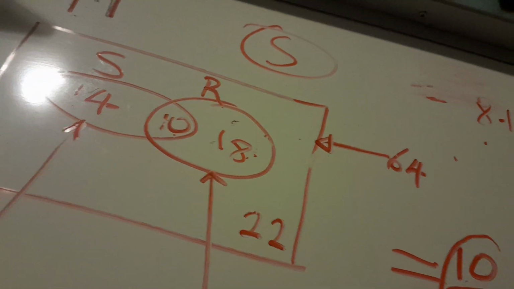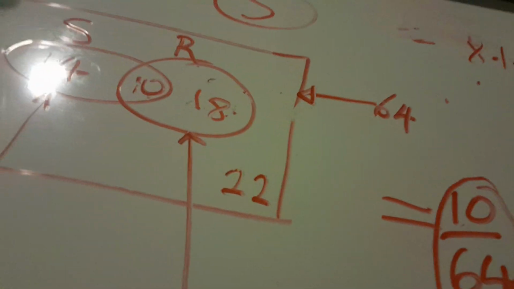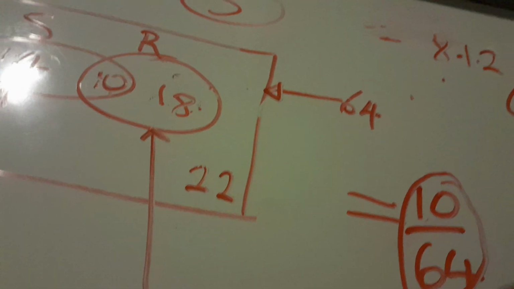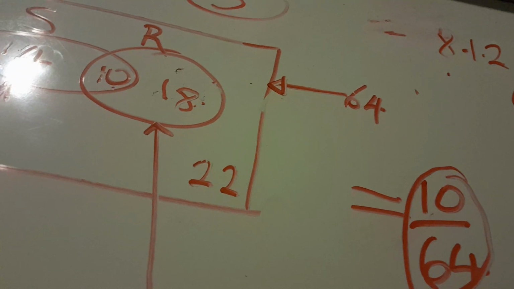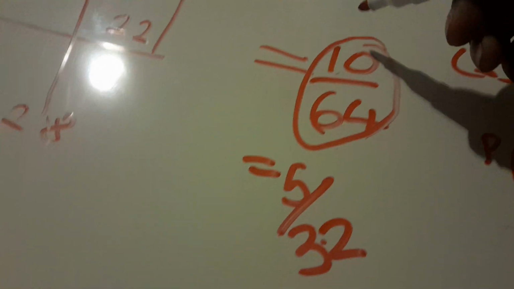There are 10 in the intersection out of 64. You can simplify that to 5 out of 32. 5 over 32. That's the answer for the first question.